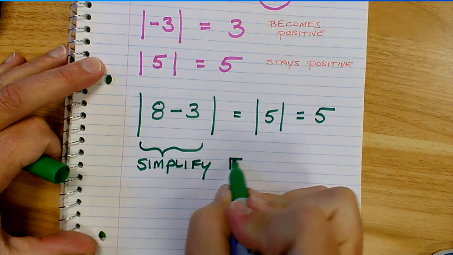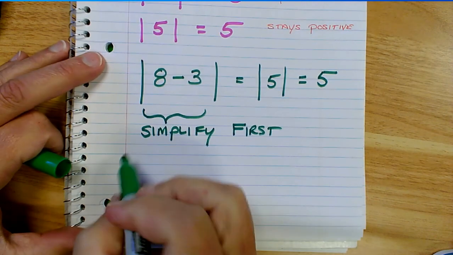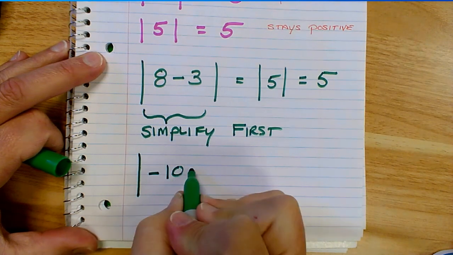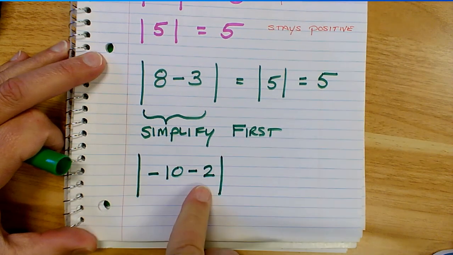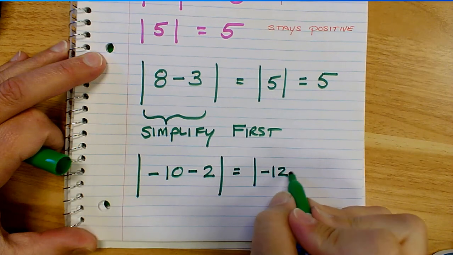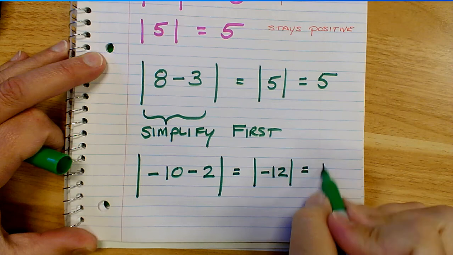Simplify first. Here's another one. -10 minus 2. -10 minus 2 is -12. The absolute value of -12 equals 12.